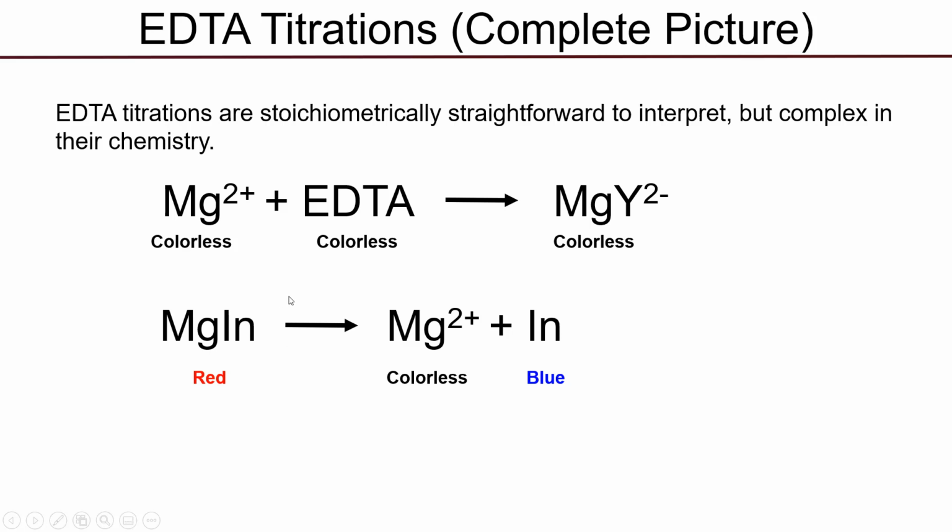And in general, what happens in an EDTA titration is your metal is complexed by the original indicator molecule, which is then displaced by the EDTA in a ligand exchange reaction, forming your metal-EDTA complex, and then the release of the ligand from the metal ion provokes a color change in the solution, which you can use to spot your endpoint. This is one reason why the color change in an EDTA titration is gradual, and you actually are looking for the loss of the original color to distinguish the endpoint of the titration.